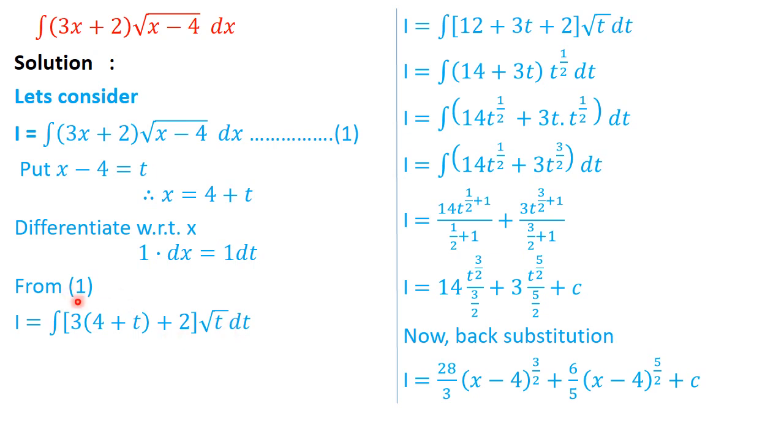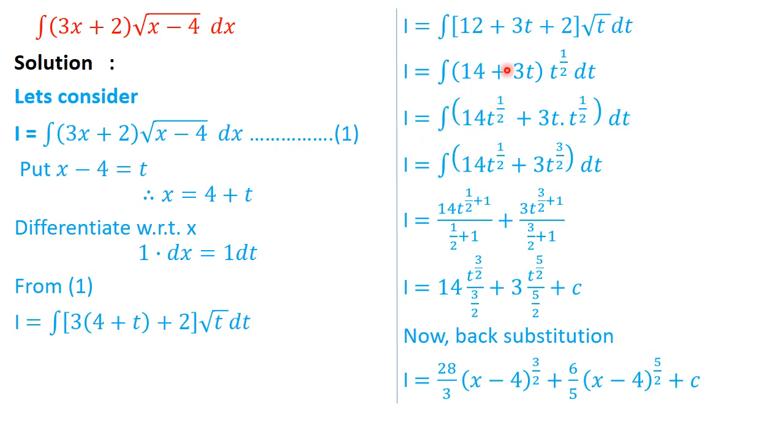Therefore carry out this multiplication now, 3 into 4 is 12 plus 3 into t is 3t plus 2 as it is into root t dt. Now 12 plus 2 is 14 plus 3t, and this root t can be written as t raised to half dt, because if we write it in rational form, then it becomes too easy to take a multiplication.